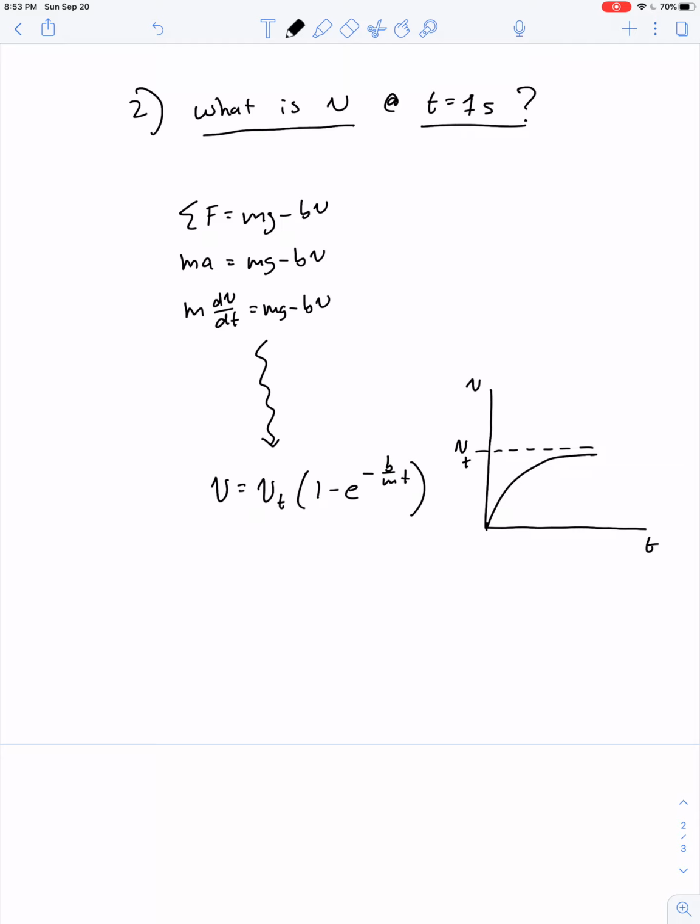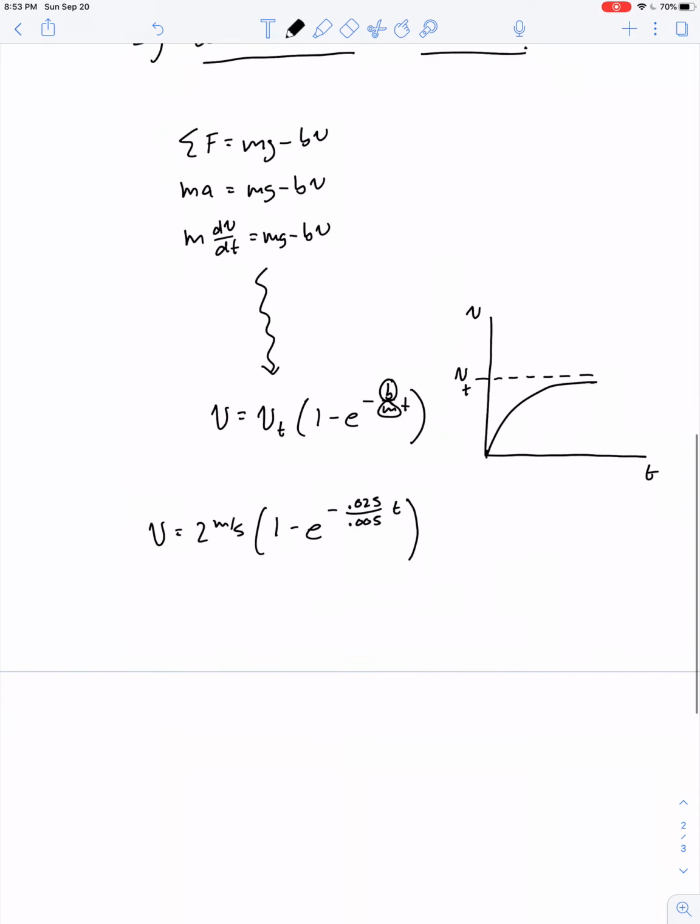We just need to plug in the given values. So v equals 2 meters per second times 1 minus e to the negative 0.025 divided by 0.005, right? The b value, the drag coefficient we just found, is 0.025, and the mass is 5 grams. So there we go.